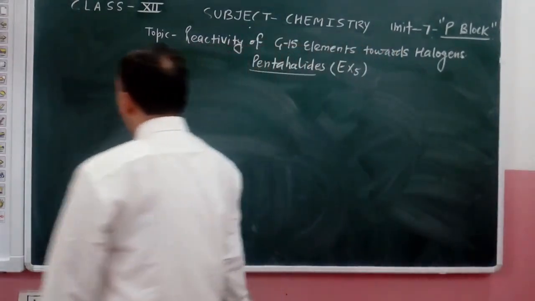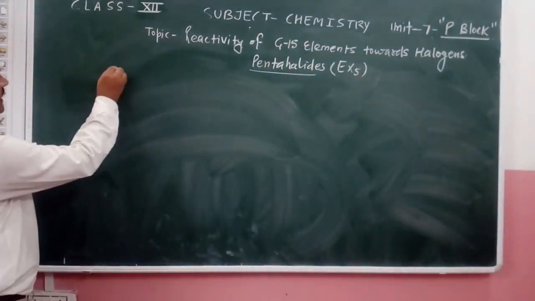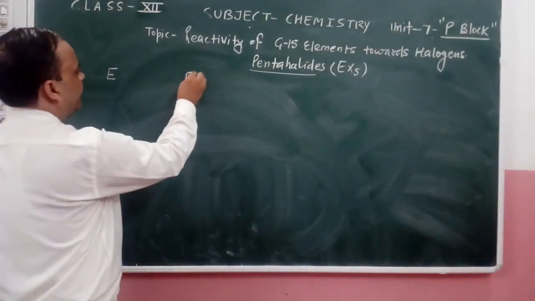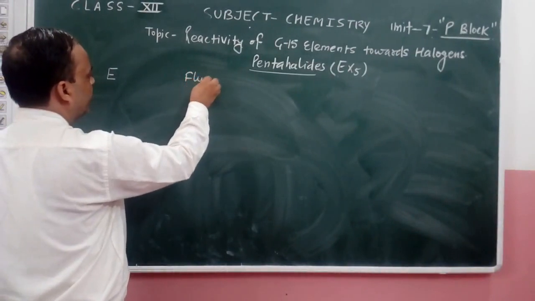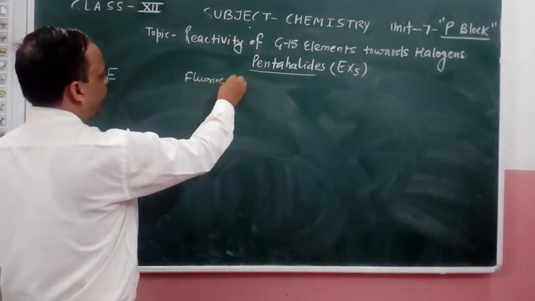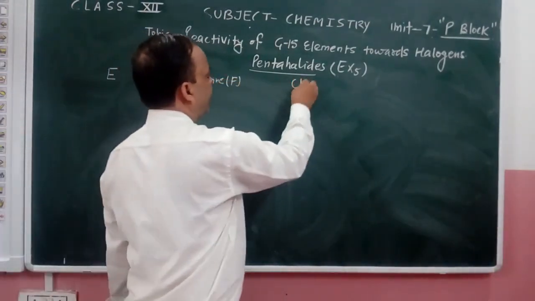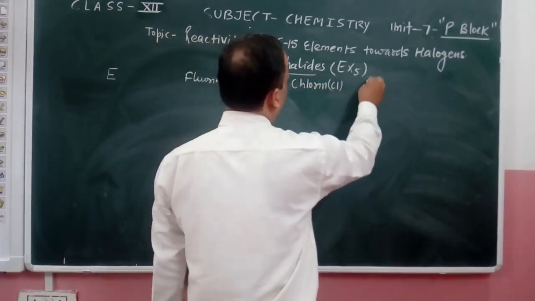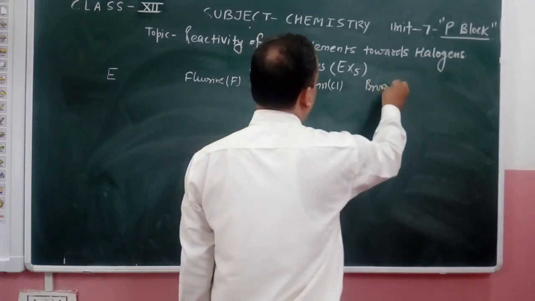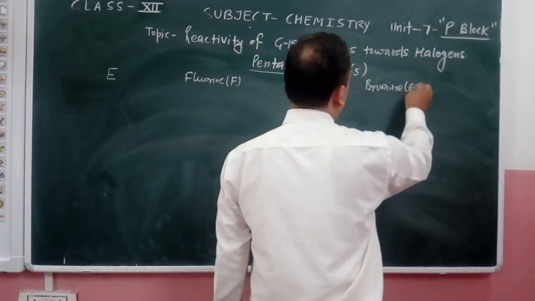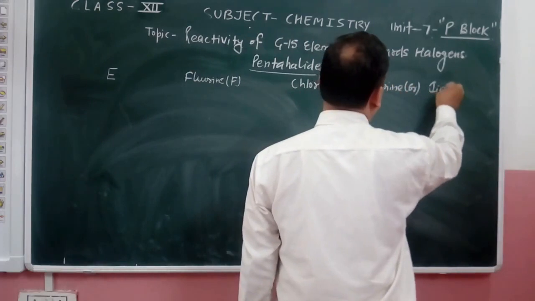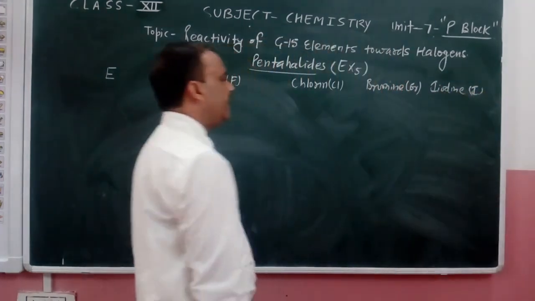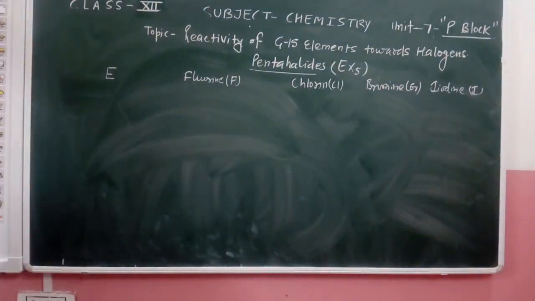On the same table, we have the halogens: fluorine, that is F, chlorine, that is Cl, bromine, that is Br, iodine, that is I. So these are the elements which are presented there.